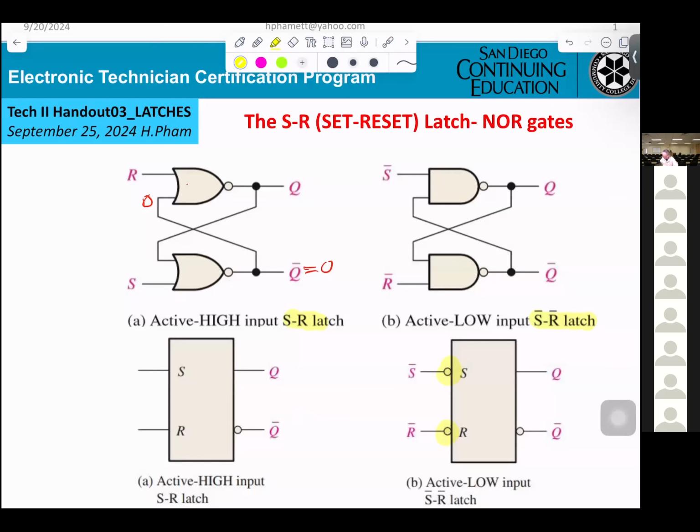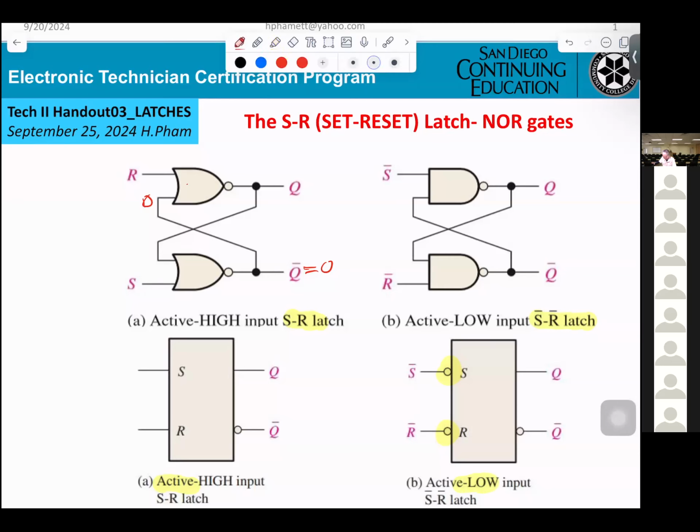Yes, the bubble. Now, the input on the second one, both the S and the R, is low. The input on the first one is high. So that's why the first is active high, and the one with the bubble, the second one, is active low. That means 0 will be set now.